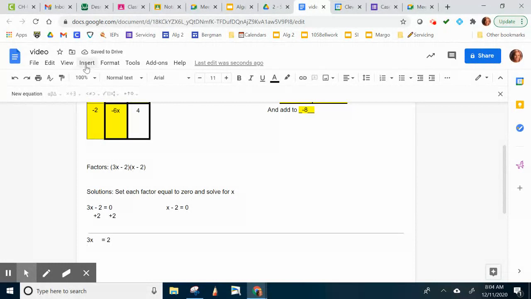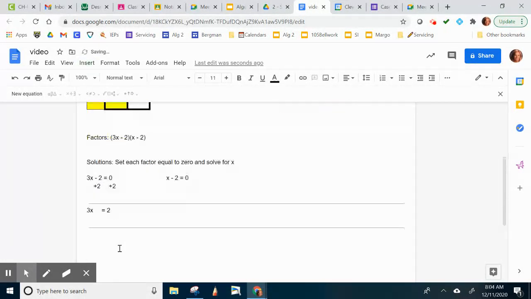Oh, that looks kind of weird. Bear with me. So let's see, how can I show that? Maybe I'll just use a division sign for sake of writing. I would normally not do this. I would do a line. But when you're typing, it's a little different.